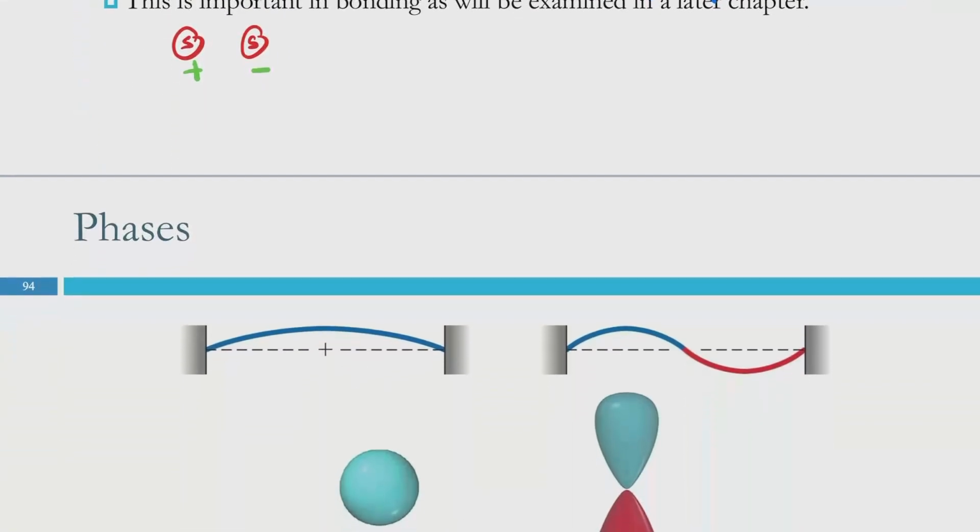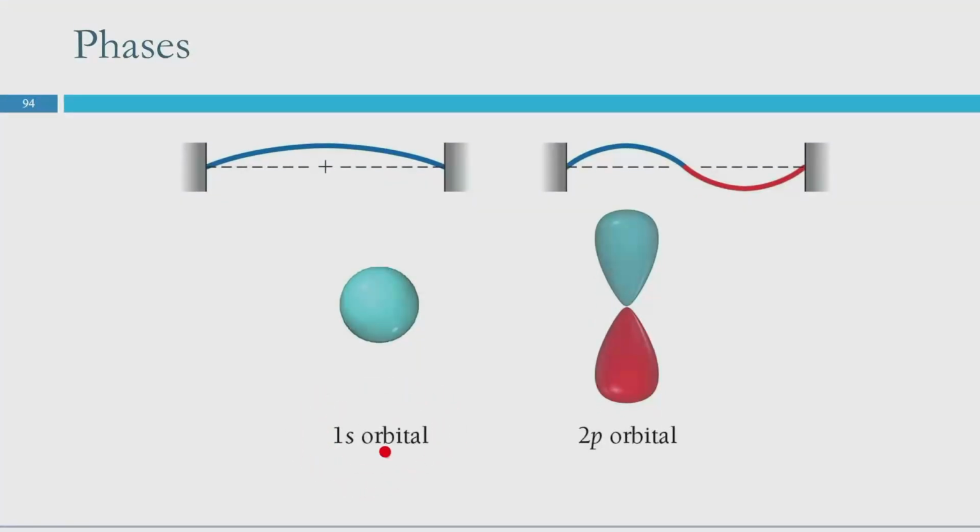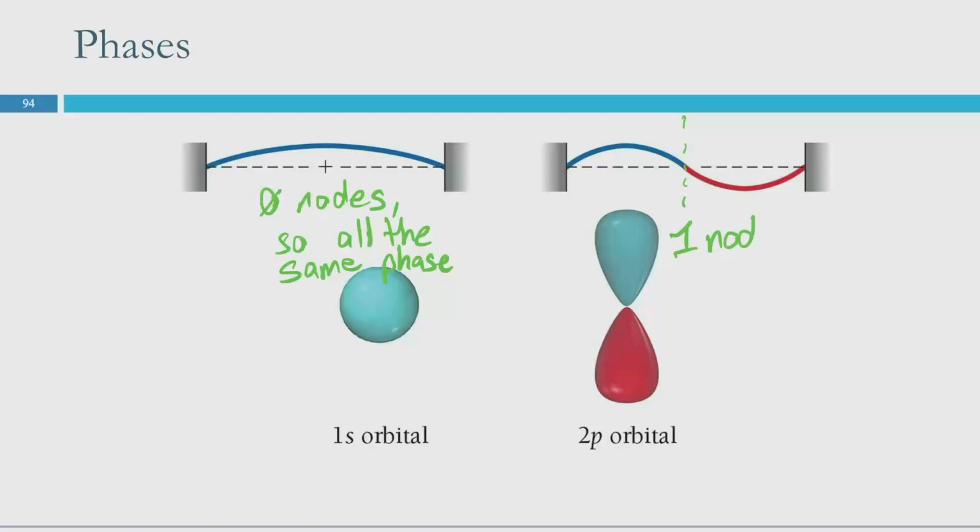We've got some better visuals, perhaps, for phases. So for our 1s orbital, it has 0 nodes. So it's all the same phase. For our 2p orbital, our first occurrence of the p orbital, we have 1 node.